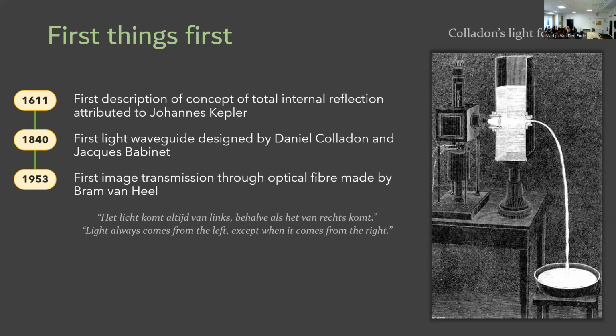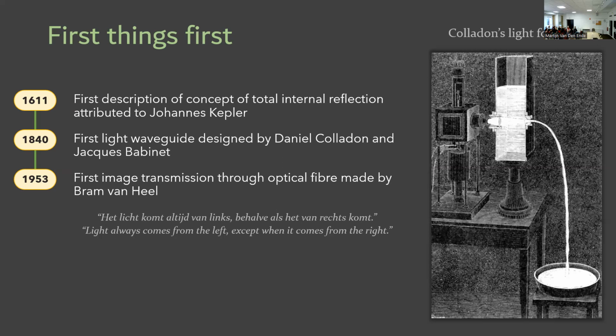Of course, this is just a gimmick, but at some point people started to use this to transmit information. I think the first example of transmitting data was made about 100 years later by a Dutch guy called Bram van Heel.